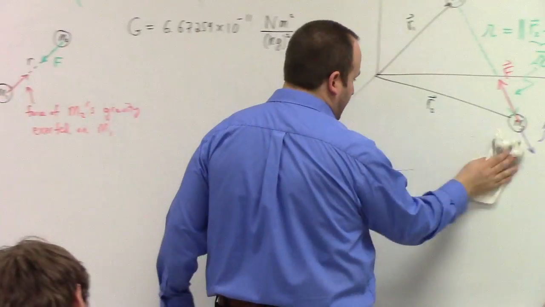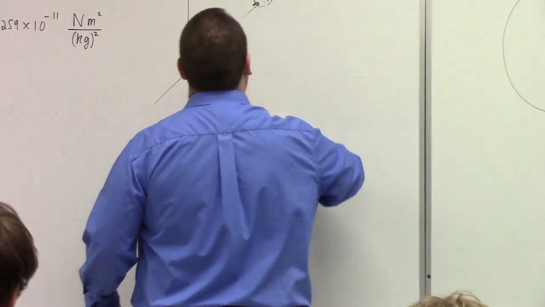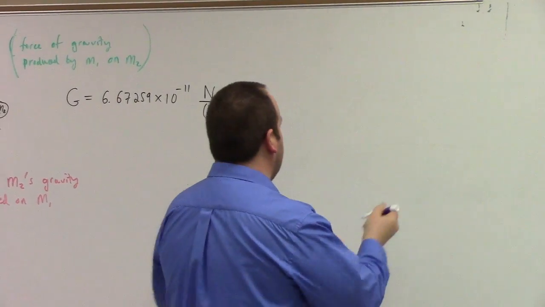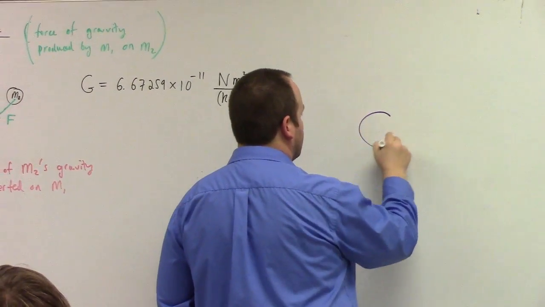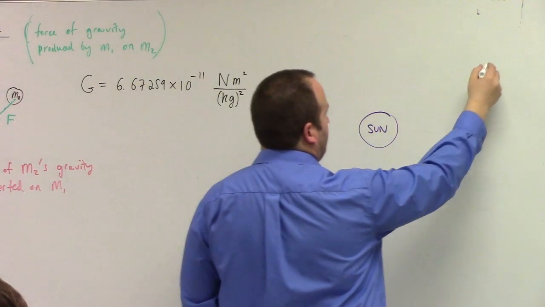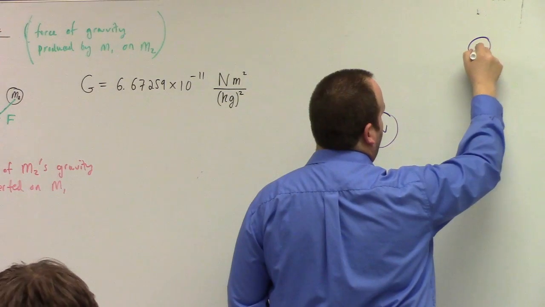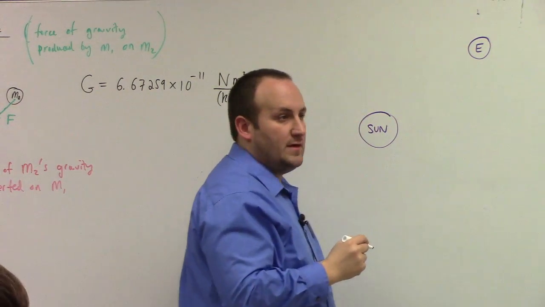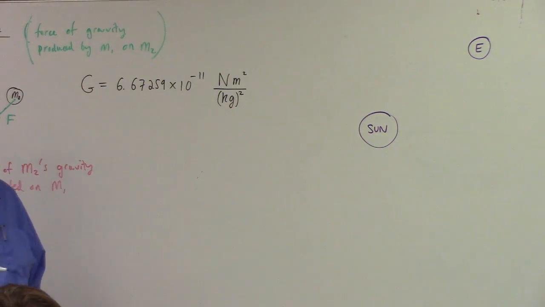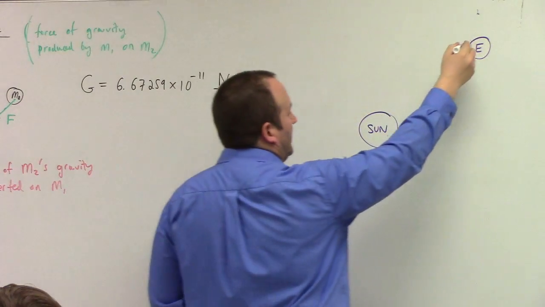So this one, we're actually going to put some things together. You've got the sun. And let's talk about the Earth. To a relatively decent approximation, the motion is what?